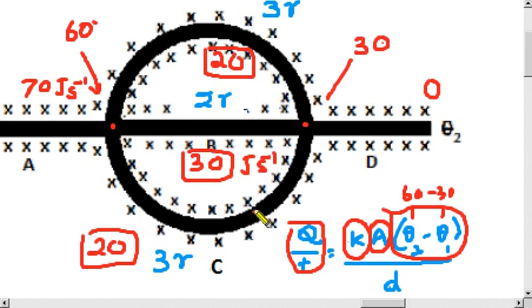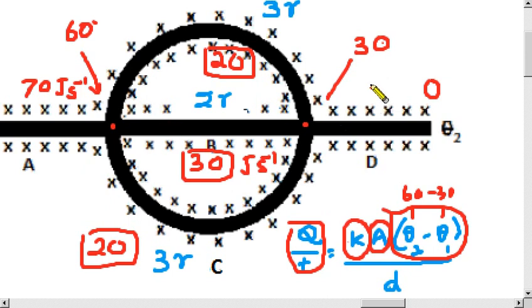So I use the ratio method. I think you can understand, because 2 to 3 ratio, so we have to take 3 to 2 ratio for rate of heat flow, Q. So the sum gives 70, 30, 20 and again 20.